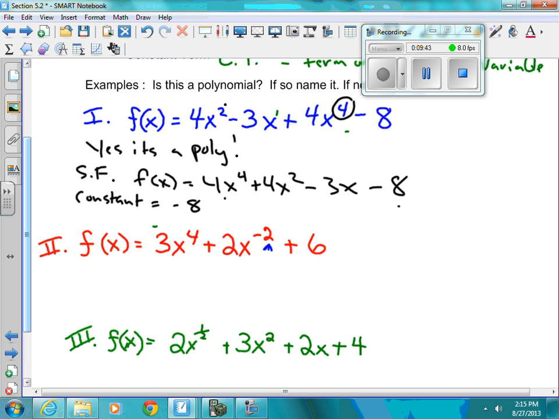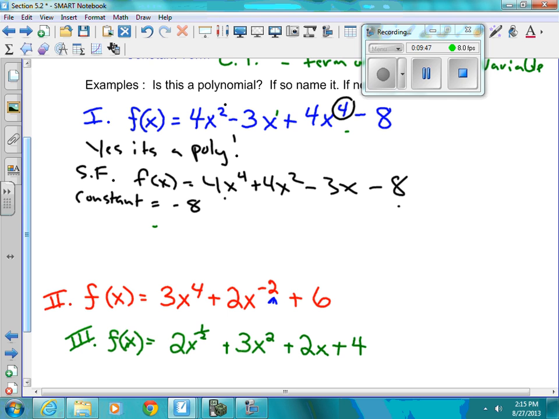Our leading coefficient, now that we have it in standard form, would be that 4 right there. Our leading coefficient is the number in front of the highest power of x, which is 4. And I almost forgot the type.